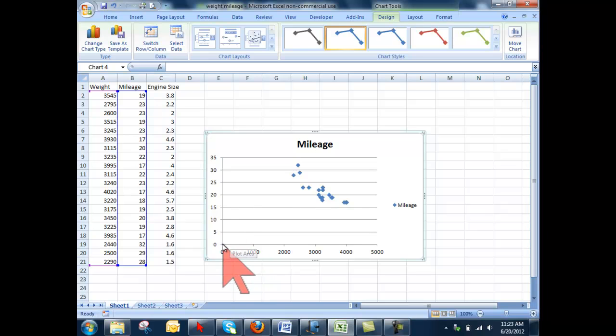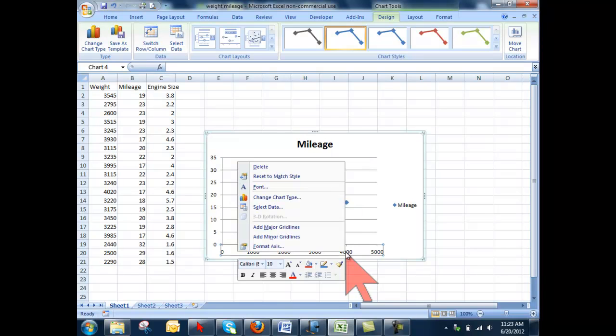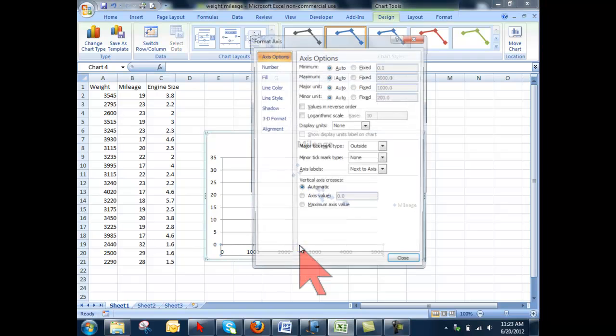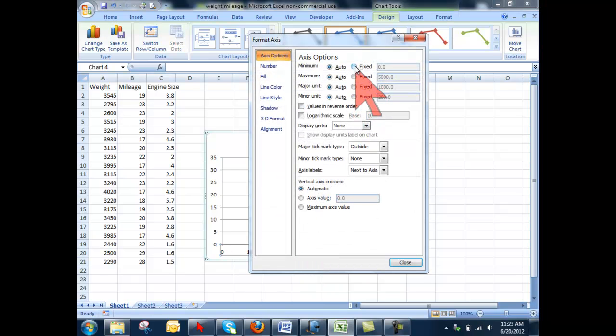Right now, Excel has chosen to make 0, 0 the origin here at the left corner, and it hasn't used the graph paper very effectively. The data points are lumped here in a small range. So let's see if we can change the scale on the axes in order to better use the paper. If I come down to one of the numbers on the scale, and left click, and then right click and click Format Axis, right now the units are automatically being chosen.